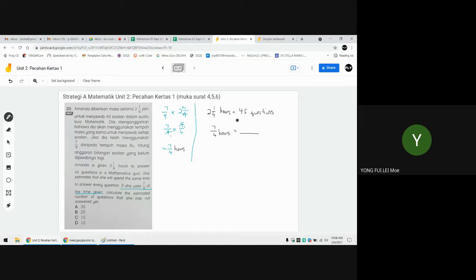So when you see this kind of equation, it is times and divide. 7/4 times 45 divide by 2 1/4. Change it: 7/4 times 45 divide by 9/4.